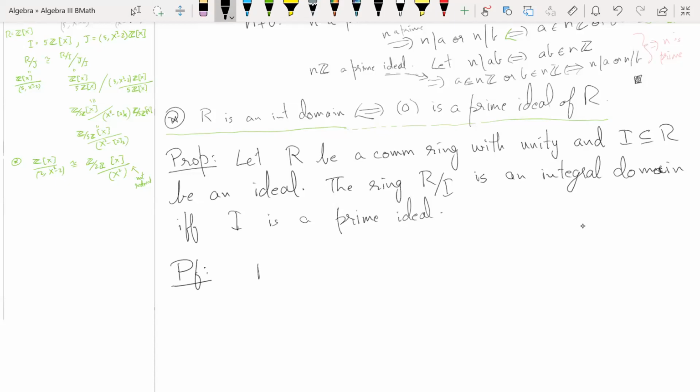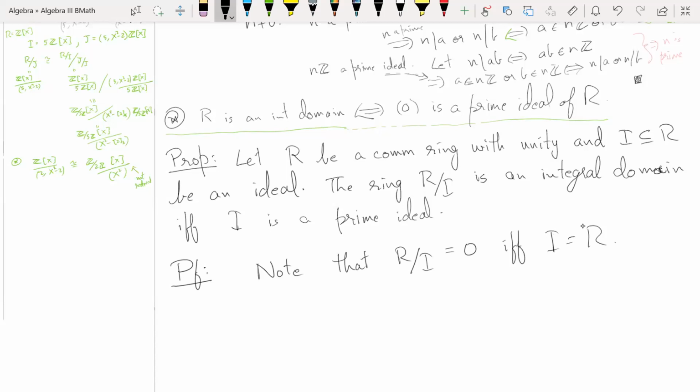So note that R mod I is 0 if and only if I is equal to R. So R mod I is an integral domain, in particular, only if I is a proper ideal of R. So it should be a proper ideal.